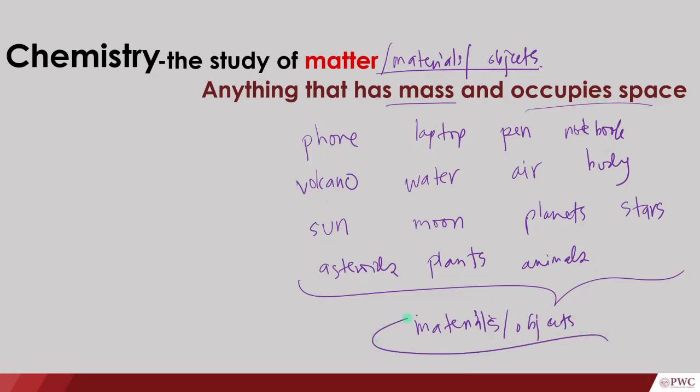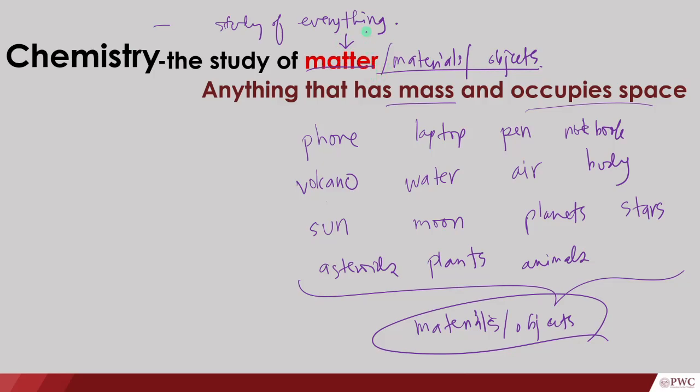Now again, most of the things around us are made up of matter, but is everything around us made up of matter? Because some people define chemistry as the study of everything. Is this definition correct? Because here they assume that everything around us is made up of matter.